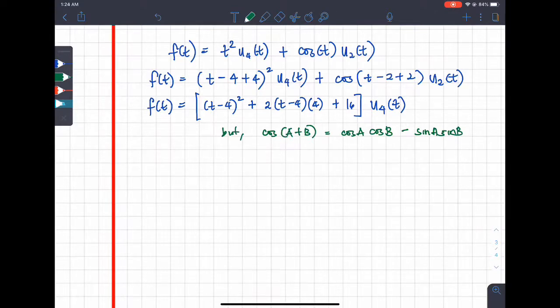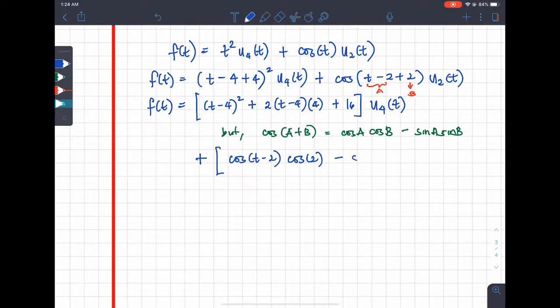Therefore it would become plus cosine of t minus 2 times cosine 2, minus sine of t minus 2 times sine 2, and then u sub 2 of t.